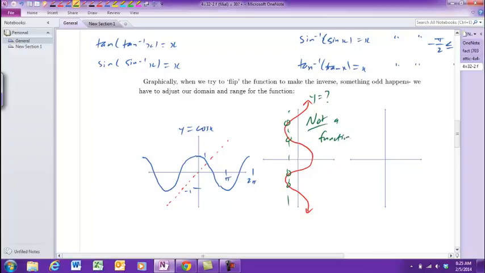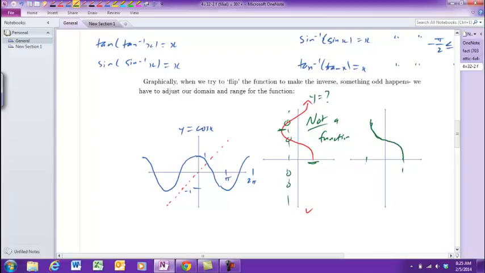So to fix it, what we do is we basically chop off the graph at these two spots. There and there. When we do that, we just get this piece of it.